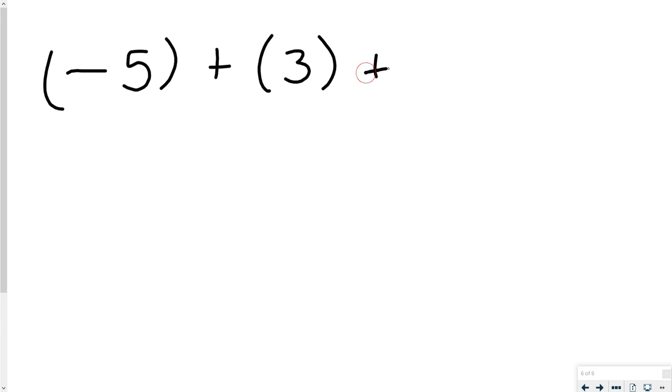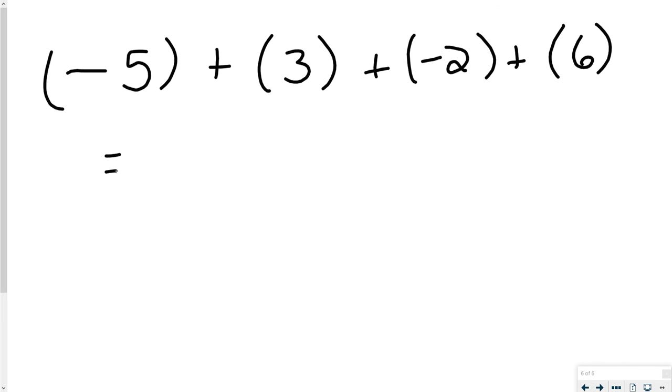You're also going to have to deal with this in more than just 2 numbers. So what about if I do, let's see, -5 plus 3 plus -2 plus, I don't know, 6. Okay.